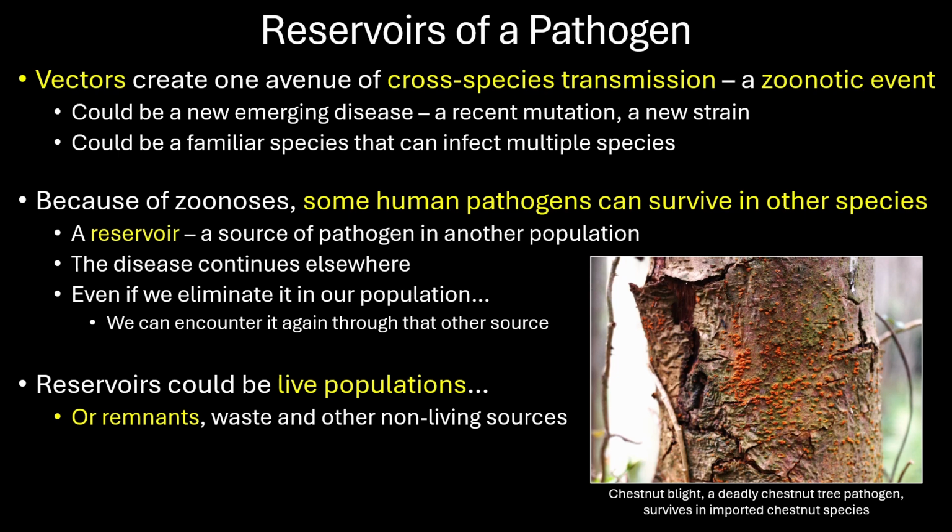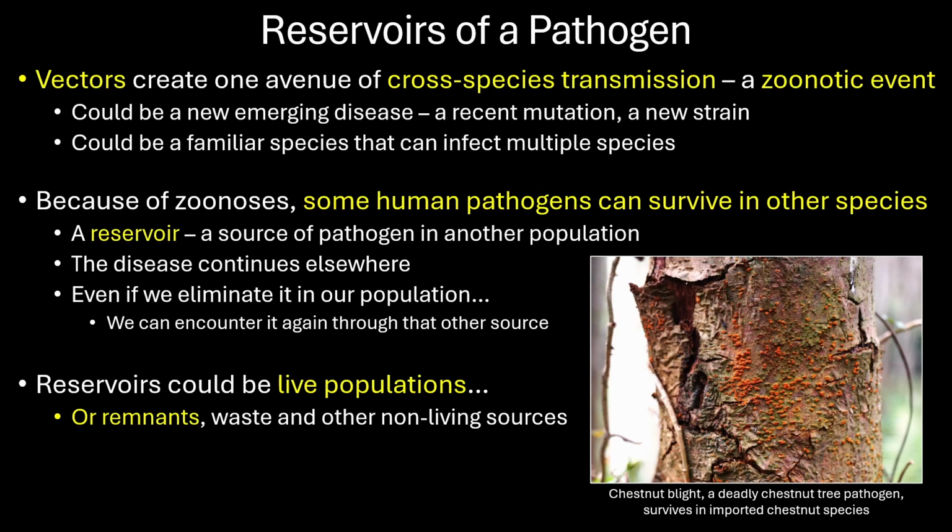So vectors are one avenue that we can achieve what we call cross-species transmission, or a zoonotic event. Zoonotic events are really interesting and particularly problematic. A zoonotic event could create a new emerging disease, a pathogen that jumps from one species to another and becomes effective in that new population.